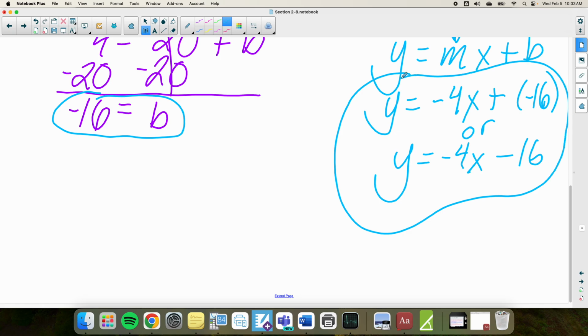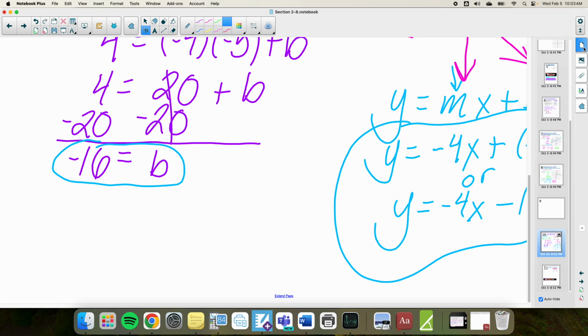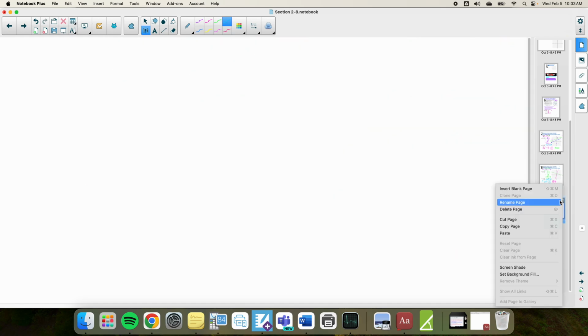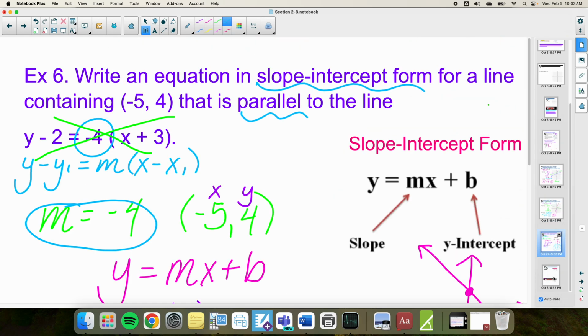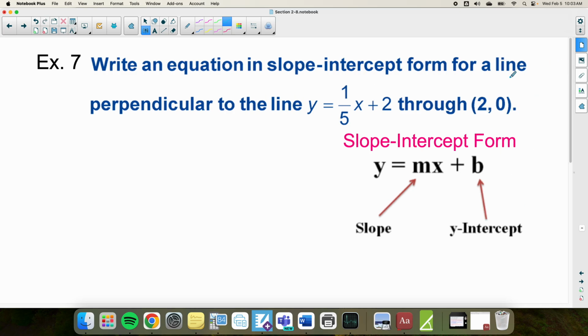Okay, and then we have one more. So if we go here, we're gonna do that same thing, but this time what they're saying is that our line is perpendicular to this line, and the slope of this line is 1/5. Perpendicular lines have slopes that are negative reciprocals or opposite reciprocals.